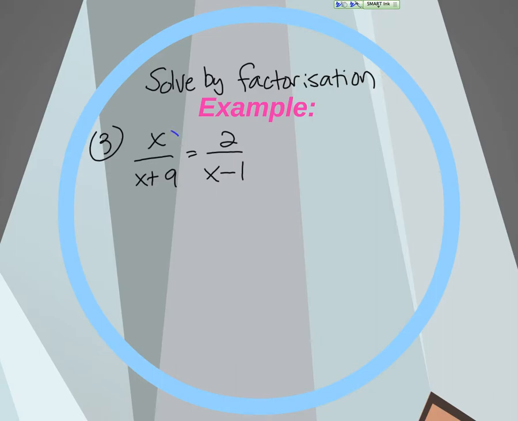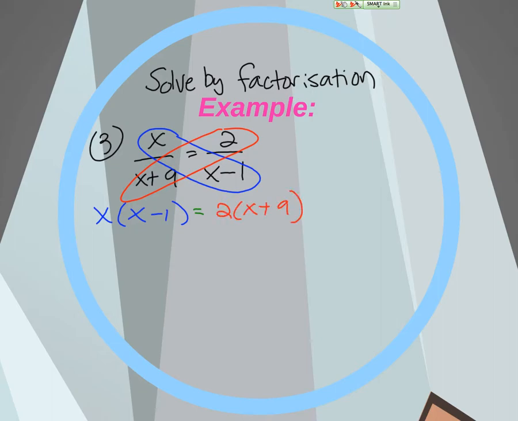So I'm going to multiply these. I'm not going to skip any steps here so you guys can see it all. And then multiply these ones. So then we can distribute.